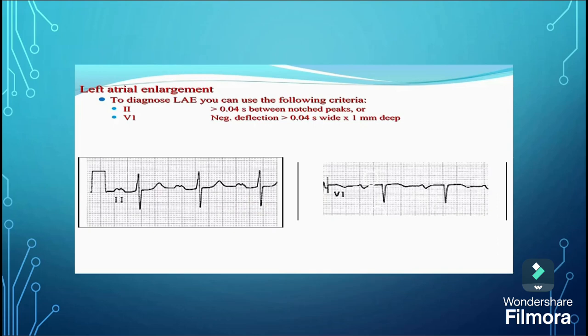To diagnose left atrial enlargement, you can use the following criteria. In lead 2, more than 0.04 second between notched peaks, or in V1 negative deflection. So you can see the negative deflection here. This is called negative deflection. This is called positive deflection. So in V1 you can see the negative deflection and in lead 2 the notched or M-shaped P wave.